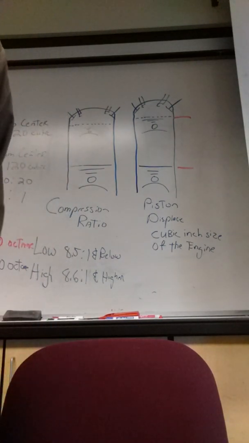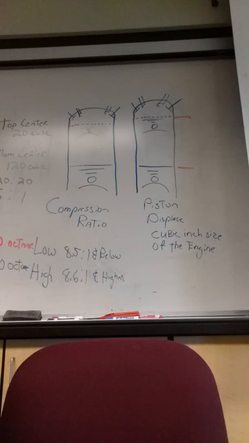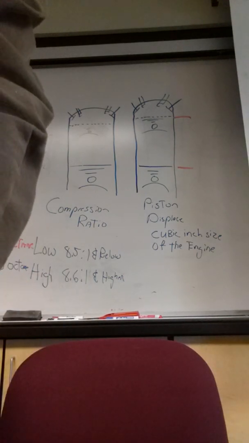Oh, looking good. Okay, next thing we're going to talk about, and I think we're actually going to get into a part 2 video of this, but just to get us started and primed for part 2, is figuring up the piston displacement or the cubic inch size of the engine. So there's a couple of things we're going to need to know.